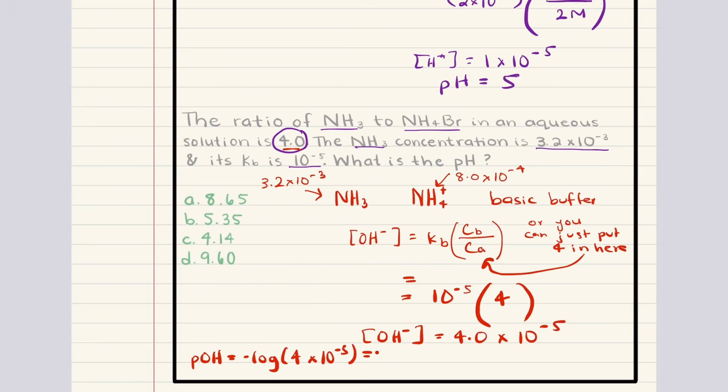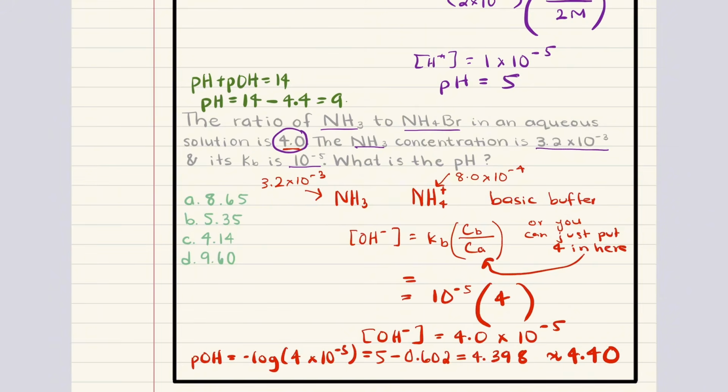So pOH is approximately 5 minus 0.602, which is 4.398. Let's call it 4.40. Finally, I use pH plus pOH equals 14 at 25 degrees Celsius. So pH equals 14.00 minus 4.40, which gives us 9.60. So the correct answer for this problem is D.